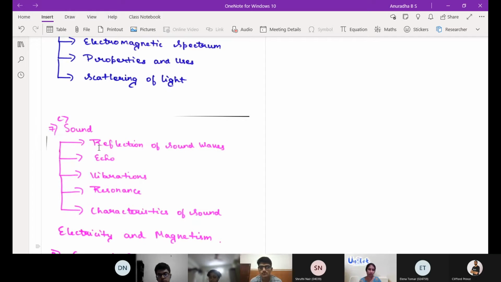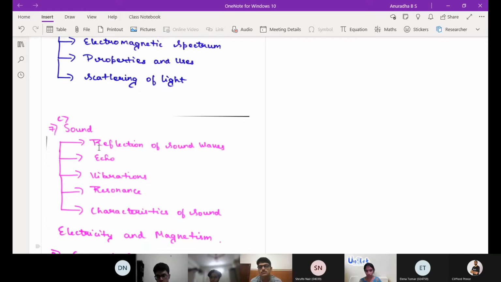Next is about vibrations. This is one of the interesting topics again. You have different types of vibrations: damped vibrations and forced vibrations. You know about frequency, amplitude and all, right? What is frequency?